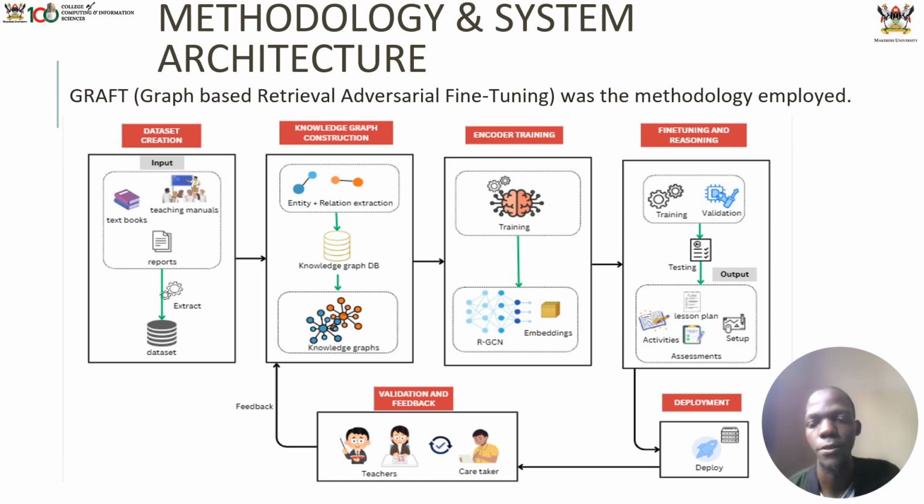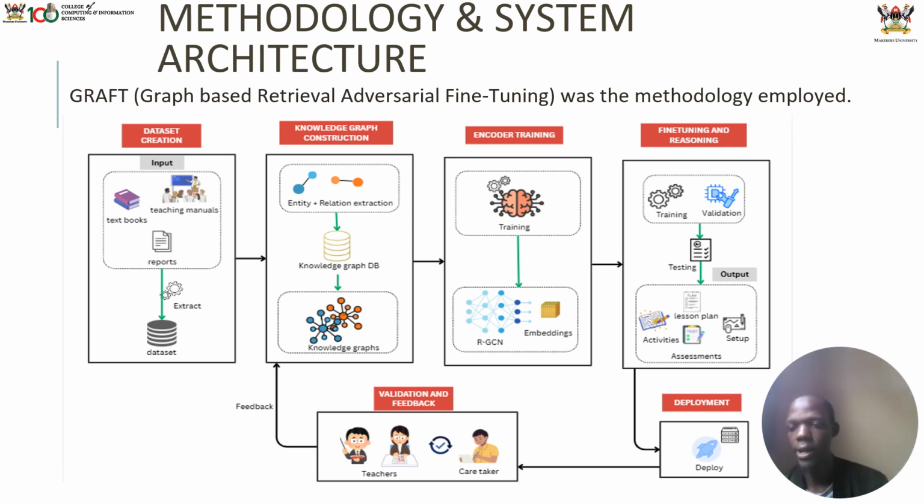As for the methodology and system architecture, we used graph-based retrieval adversarial fine-tuning. This uses knowledge graphs: the knowledge base is represented by graphs with nodes and edges, such that the model can know the relationships between the different nodes. It all starts with data collection.